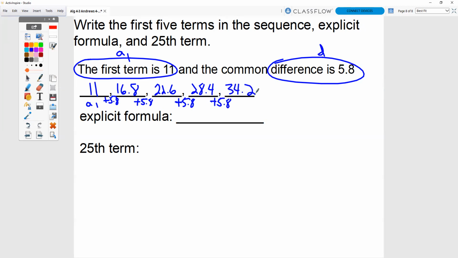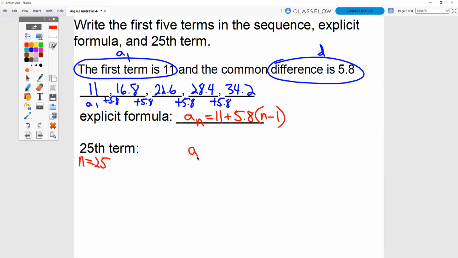The explicit formula, the term that we want, a sub n, equals the first term 11 plus the common difference 5.8 times n minus 1. They want you to figure out the 25th term. So n equals 25.